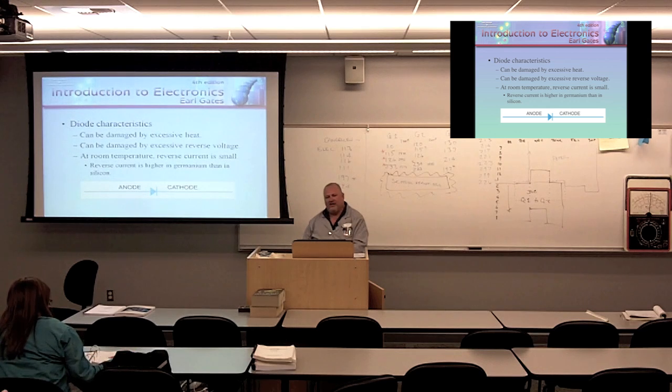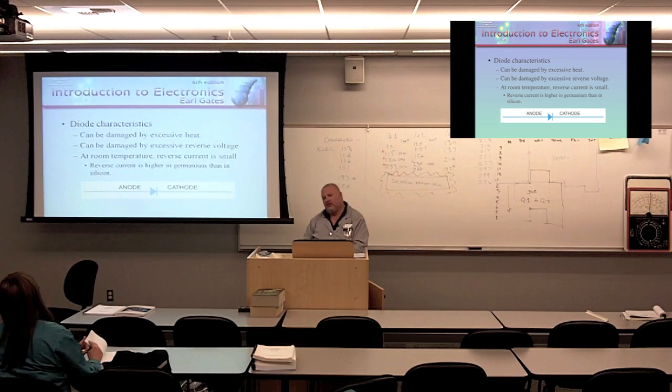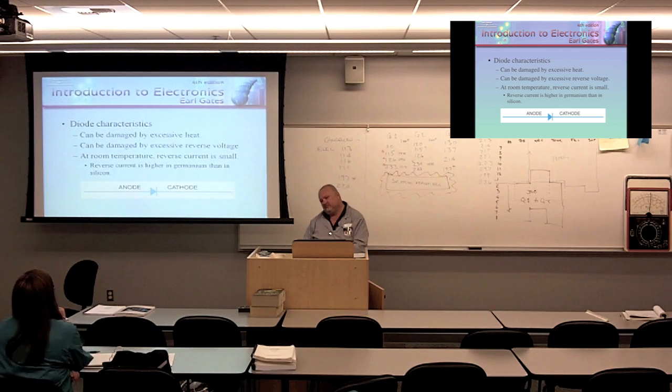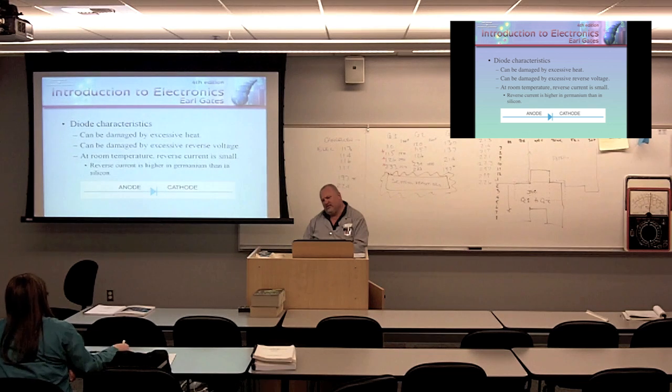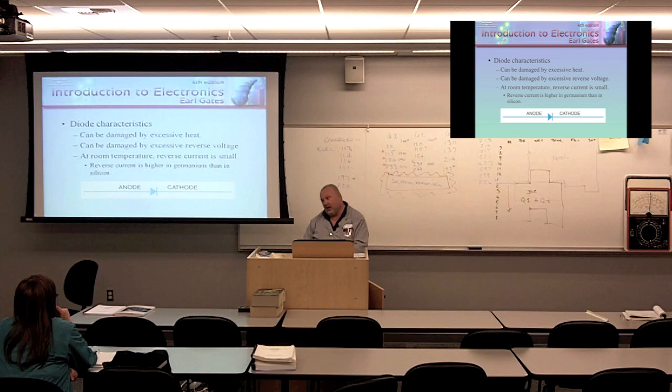Now, who do you think came up with the schematic symbol for a diode? Technicians, engineers, scientists that discovered it? Who discovered it? Scientists. So who got to draw the schematic symbol for it?